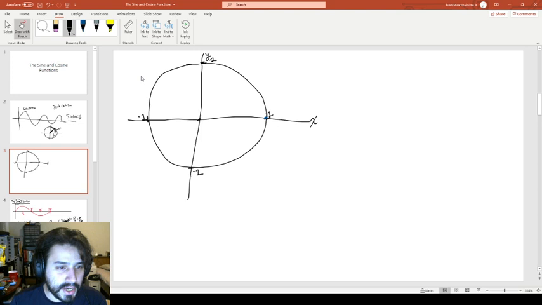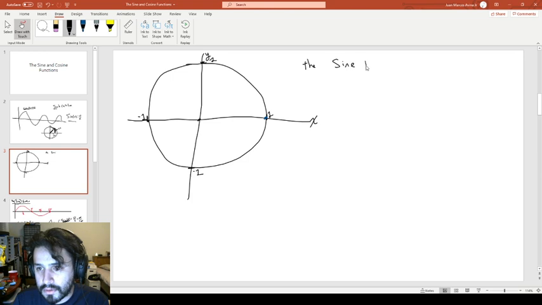All the sine function is, so the sine function is just a machine.